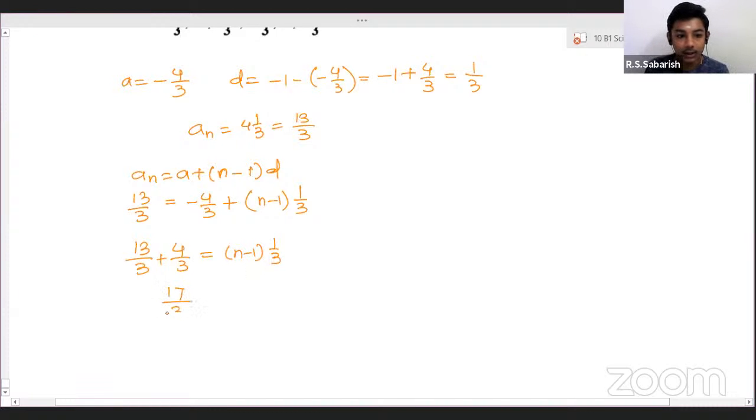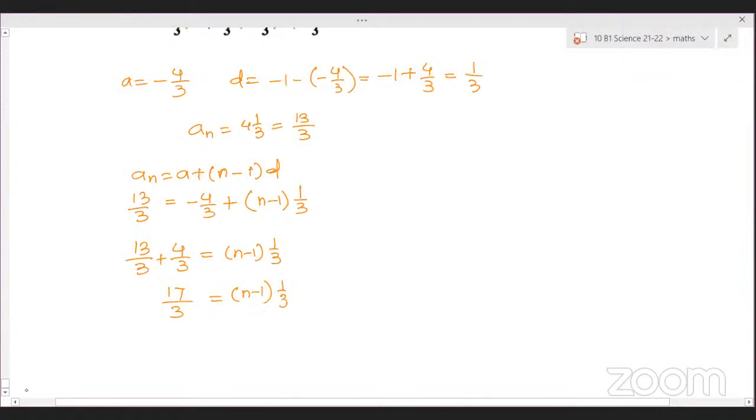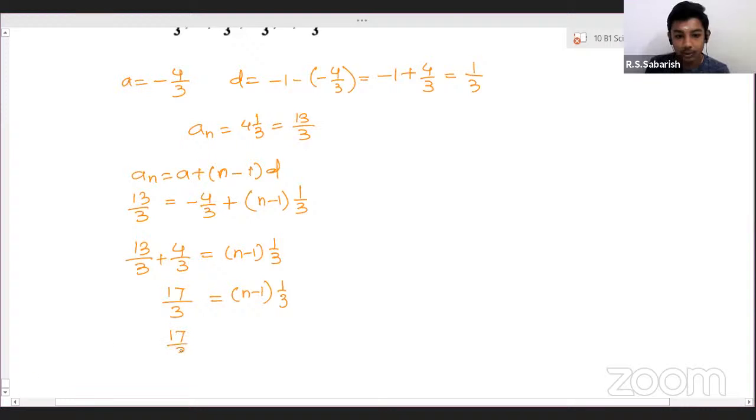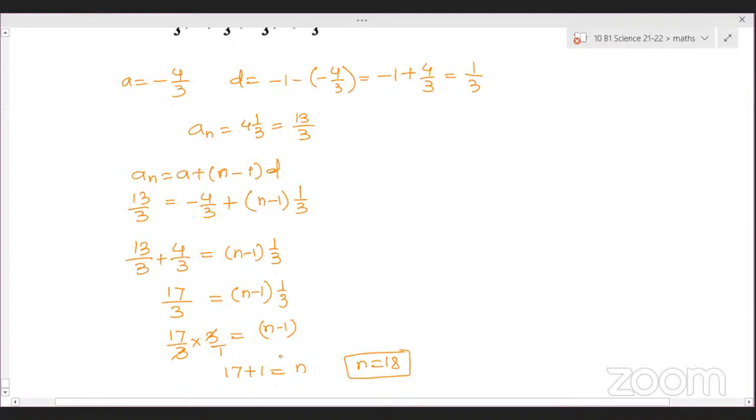So 17 by 3 is equal to n minus 1 into 1 by 3. So 17 by 3 into 3 by 1 is equal to n minus 1. So 3 and 3 cancel. 17 plus 1 is equal to n, 18. N is 18. That means n is an even number.